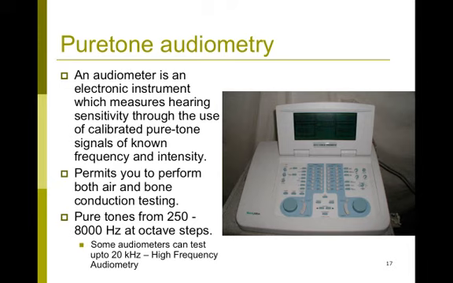And that's gaining popularity now because high frequency audiometry has been shown to be more sensitive to subtle hearing losses that we might see in oncology patients or with ototoxicity or initial stages of noise-induced hearing loss. But conventionally we test up to 8,000 hertz. 250 to 8,000 hertz.